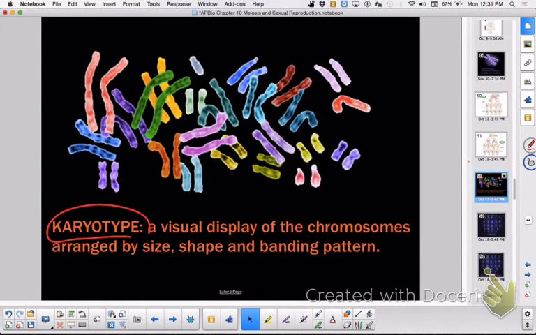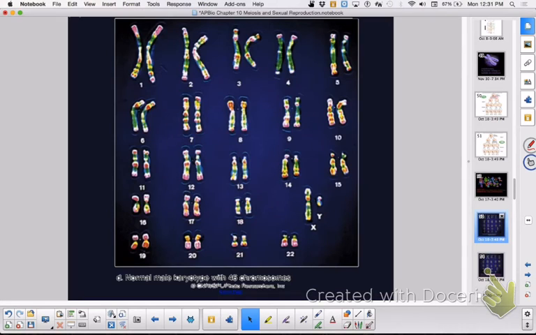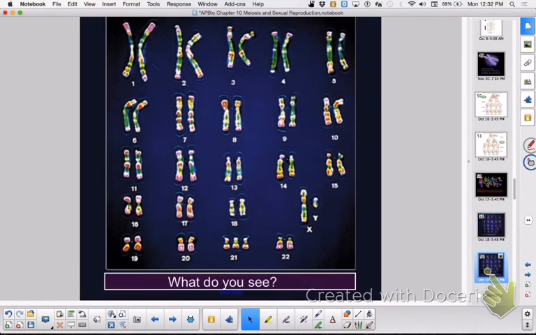Okay? And you can see that when you look at a picture of chromosomes. Karyotype is a picture of your chromosomes. And you can line up your homologous pairs and you can count them. In this individual, you can see all the different homologous pairs lining up, and we can tell it's a boy because they're XY. But we could see in this one there was a difference because here are 3 chromosome 21s. So that would be evidence of what?